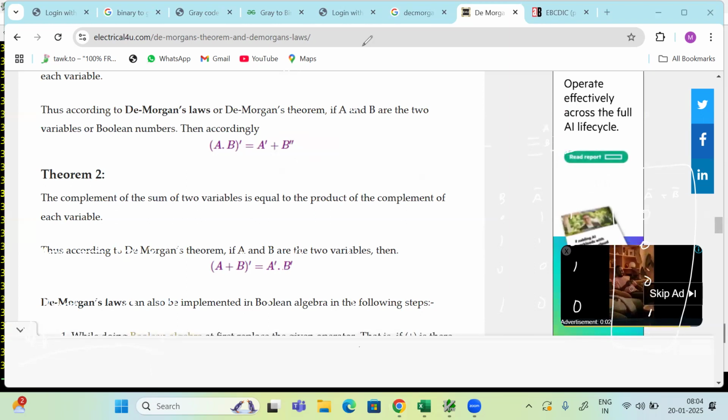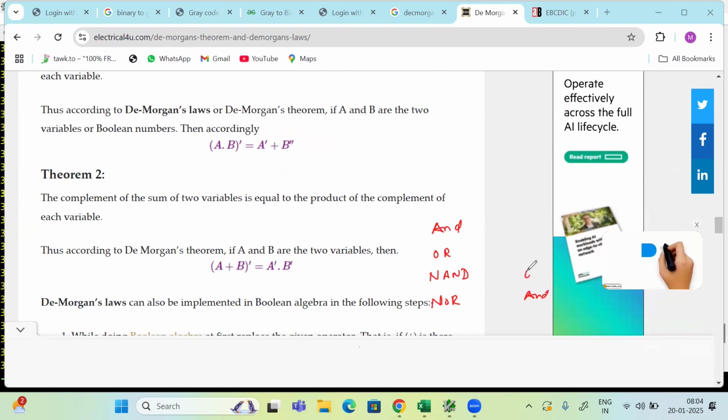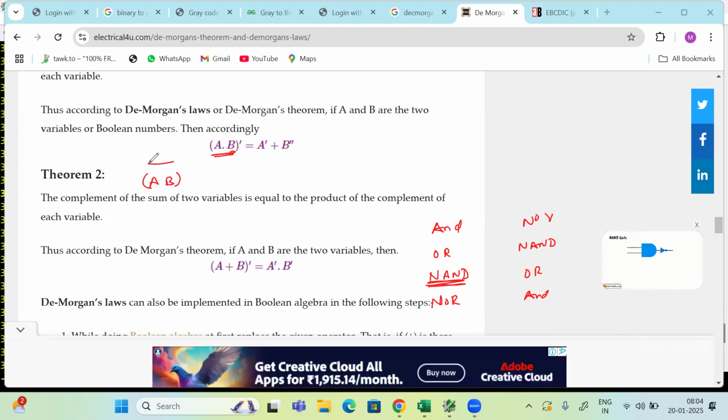AND or NOR. What shall I write? What do you call this one? NAND. Shall I write AB bar as double bubble? That is what I said. AB whole bar equal to A bar plus B bar.